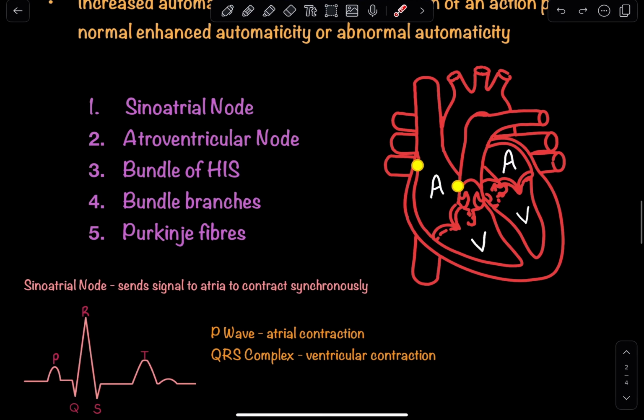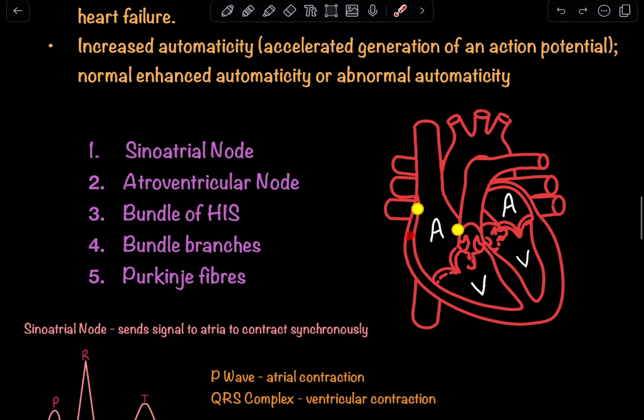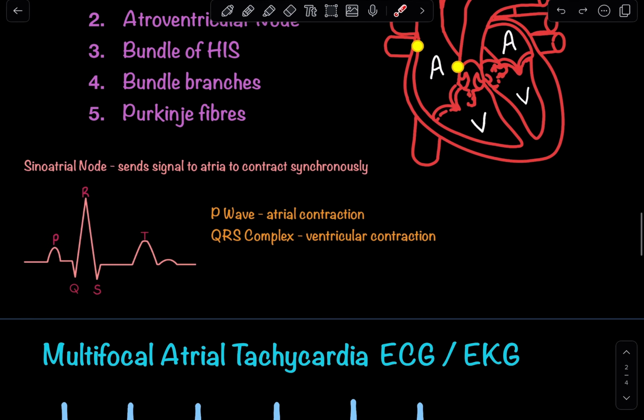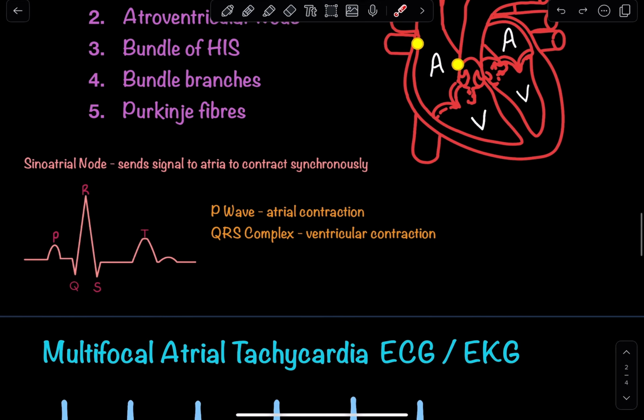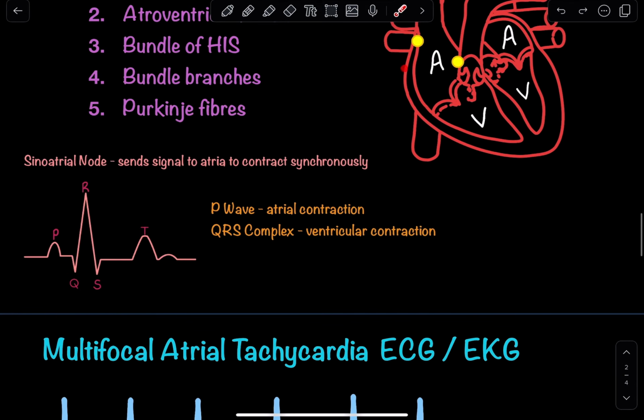Well, if we have various ectopic foci, we have different locations sending off different signals, each signal will result in a variable contraction because each signal is sending off a variable action potential of varying strengths, and then the atria will contract differently, and we'll see that on our ECG. So we'll have different morphologies for the P waves.